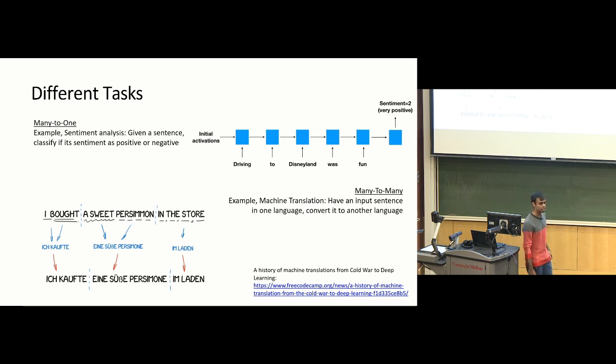And then you have many-to-many. Machine translation is a very popular example for many-to-many. If you notice, you have an English sentence, for example, "I bought a sweet person in a store," and then you convert it to German. It is important to note with many-to-many that it's not always necessary that you have a one-to-one correspondence.